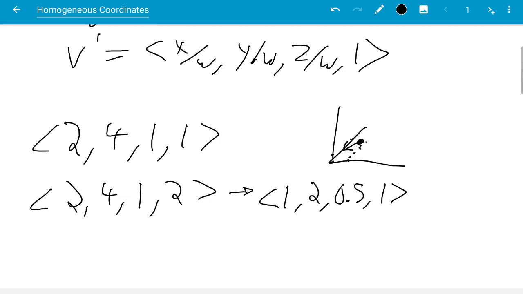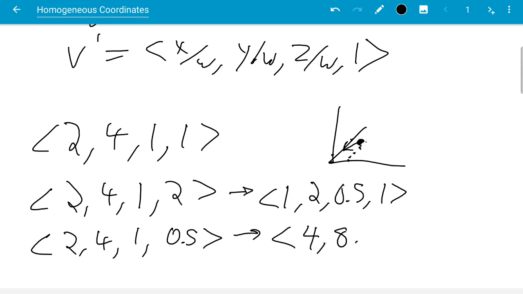As your w increases, it's scaling down all of your points toward the origin. And going the opposite way, let's say we have a point that is 2, 4, 1, 0.5. Dividing by 0.5 is going to mean doubling everything. So we'll end up with 4, 8, 2, 1. And this is going to be a point that's farther away from the origin.